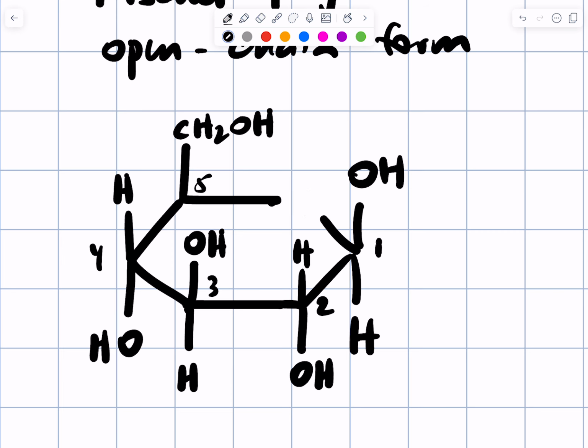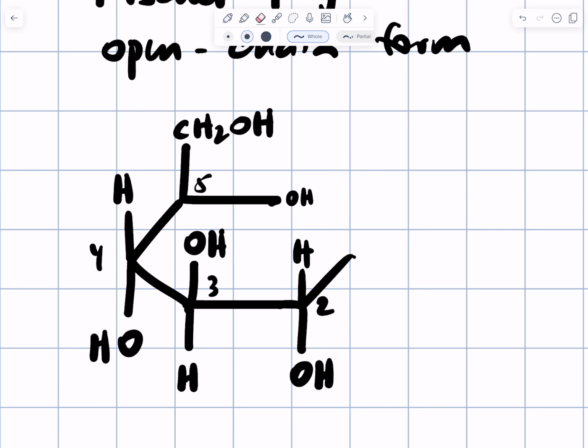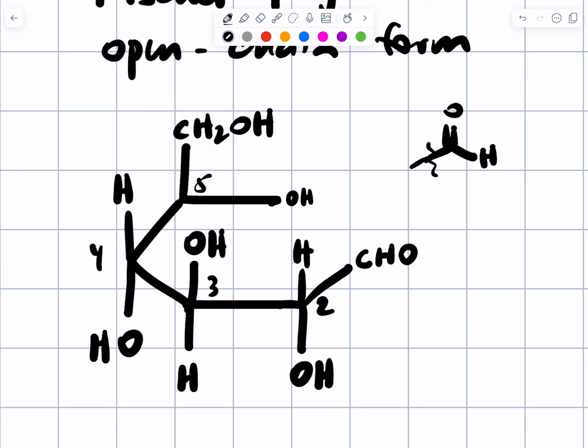Okay, so I'm going to make this an OH group. I'm going to erase the stuff on carbon 1, and I'm just going to make carbon 1 an aldehyde, which is referred to as CHO, which is the abbreviation that organic chemists use for an aldehyde. Okay, got it so far?